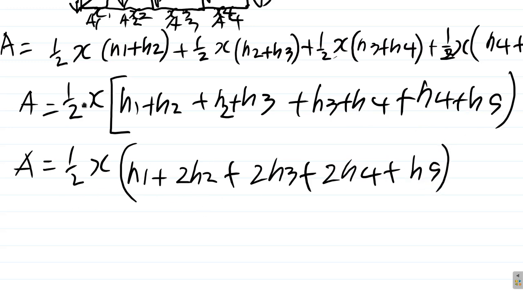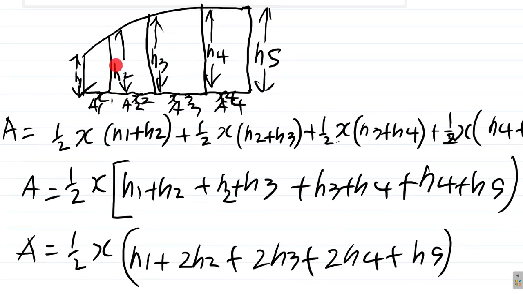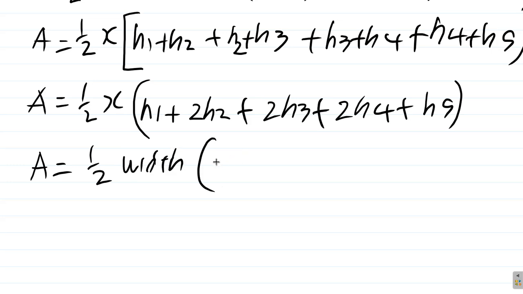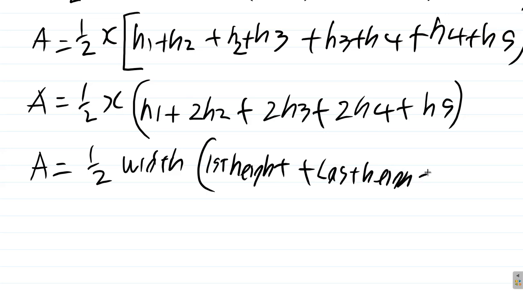There are 2 of H2, H3 and H4, but there's only 1 H1 and 1 H5. So the area is equal to half times the width times the first height, plus the last height, plus 2 times the other heights.